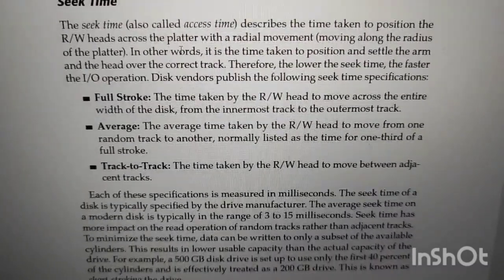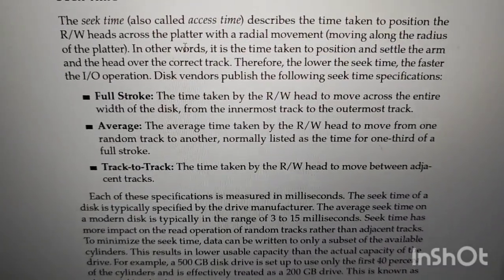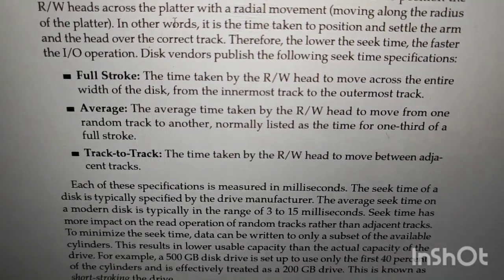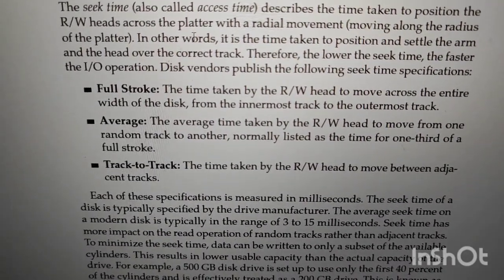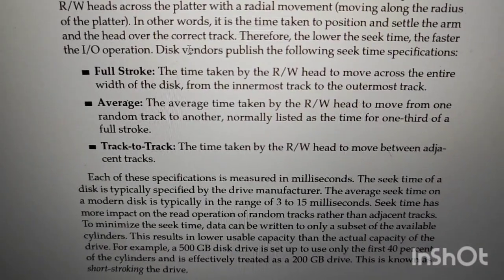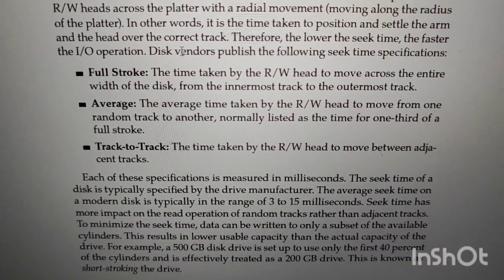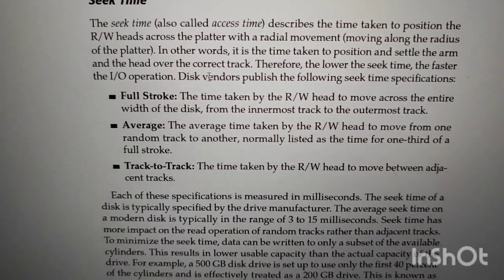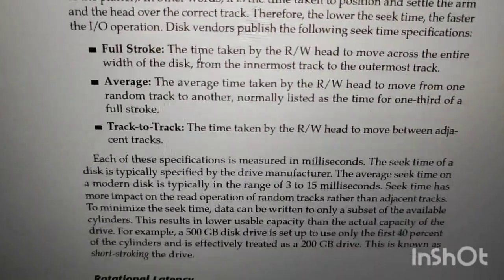Okay, so you have full stroke, average, and track to track. Full stroke is the time taken by the read write head to move across the entire width of the disk from the innermost track to the outermost track. So the whole thing to complete one whole round is called full stroke. Then you have average.